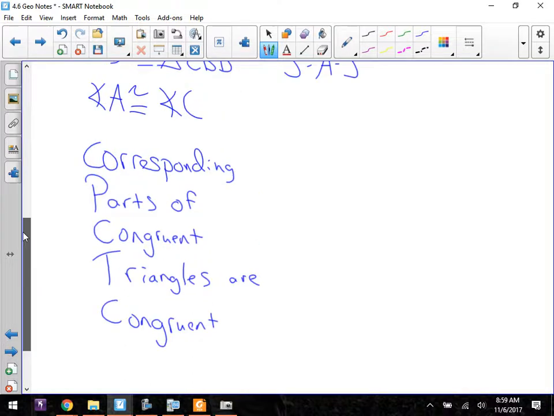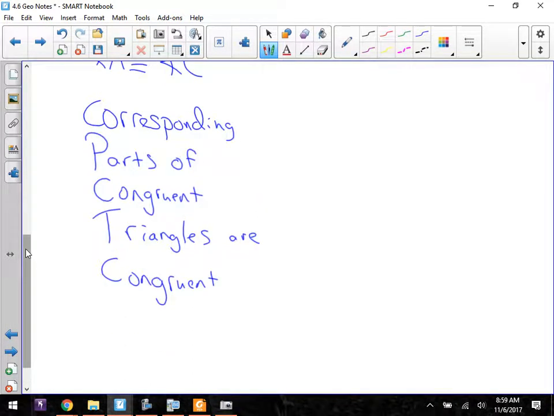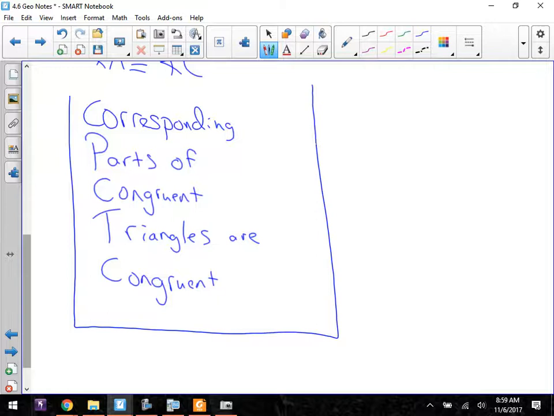When we first talked about the idea of triangles or shapes or anything, we always had to say that all of the corresponding parts needed to be congruent to show that things were congruent to each other. Remember, in the very first section we had to do all three angles, all three sides, whatever shape it was, that many angles, that many sides.